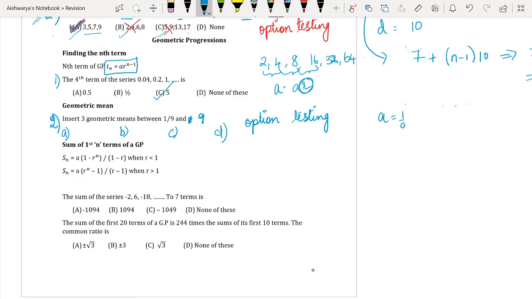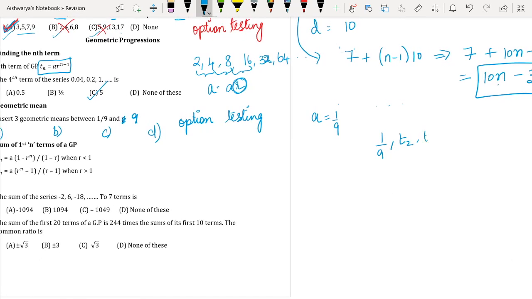A is equal to 1 by 9. Okay. So you want 3 terms. So 1 by 9 comma, you will get T2, T3, T4, and then you are going to have the next term which is 9. This 9th term is nothing but T5. Okay. So T5 is, and this is your A. How do you find out T5?